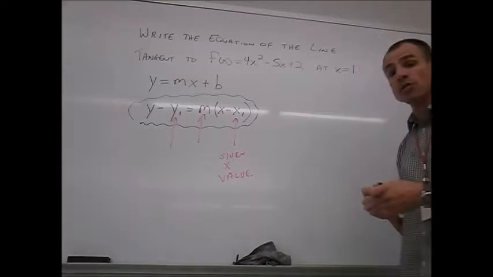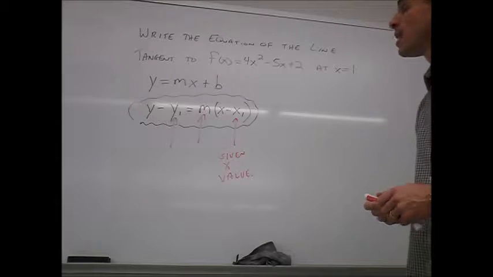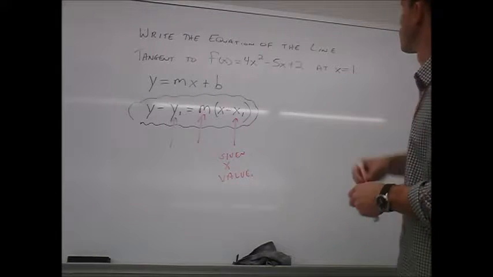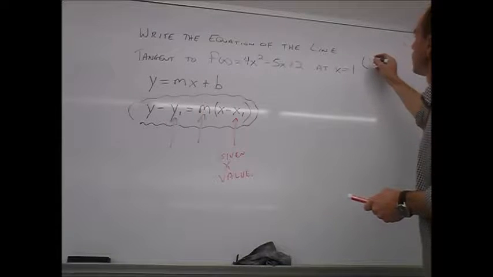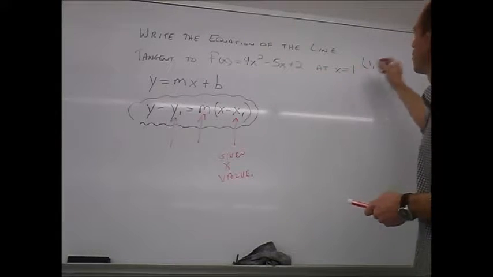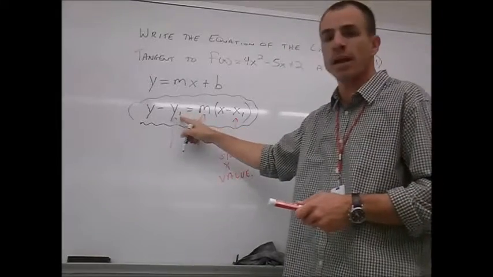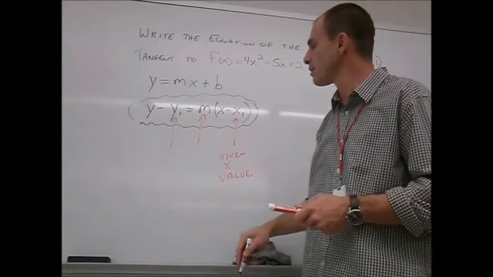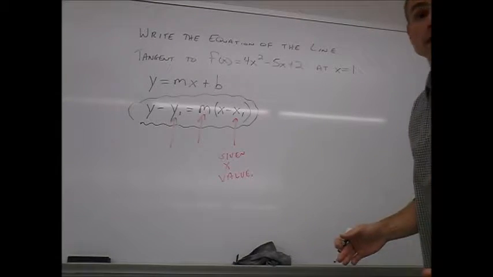Now sometimes they'll give you the y value as well. Sometimes they won't. If they give you the y value, for example, if they gave you the point 1, comma 1, well, then we would put that given y value in right away right here. But if they don't give you the point 1, 1, you can easily find it.